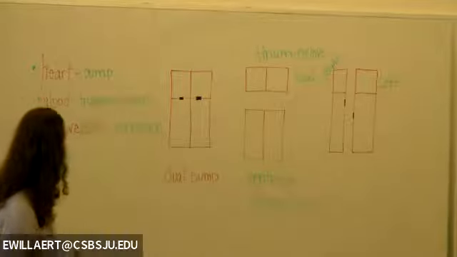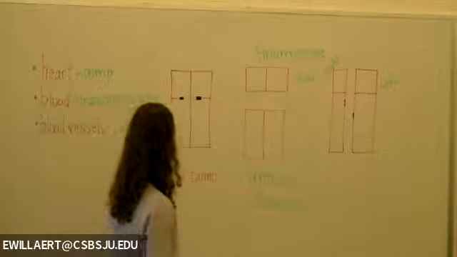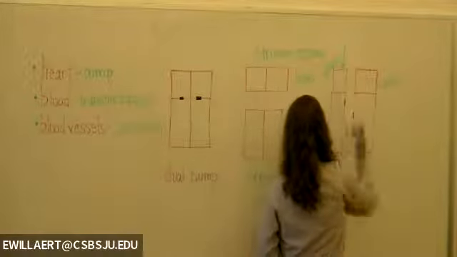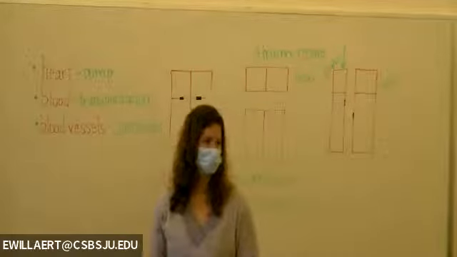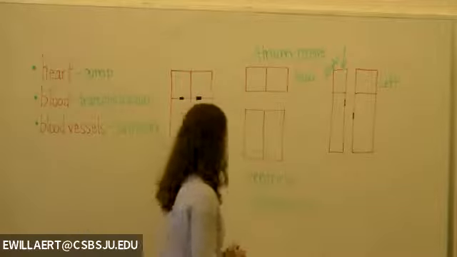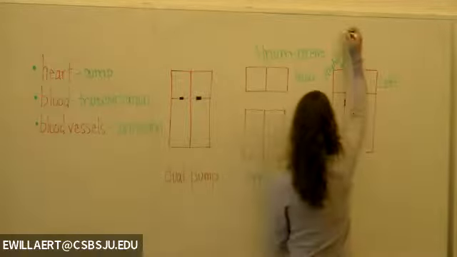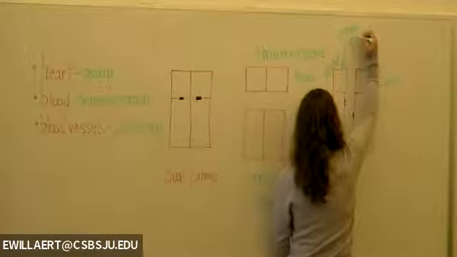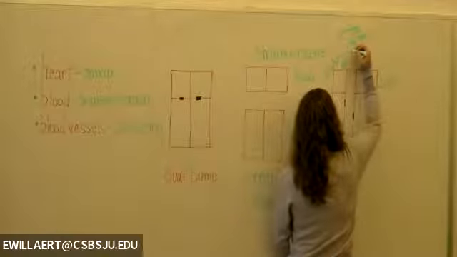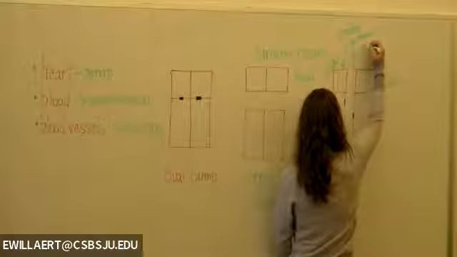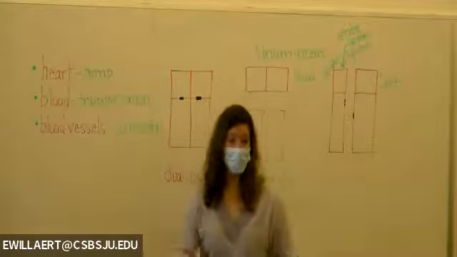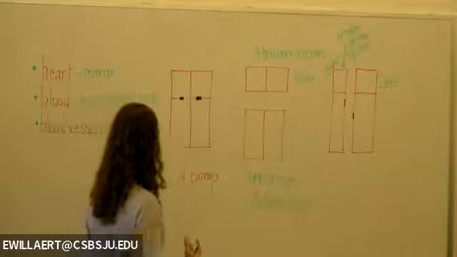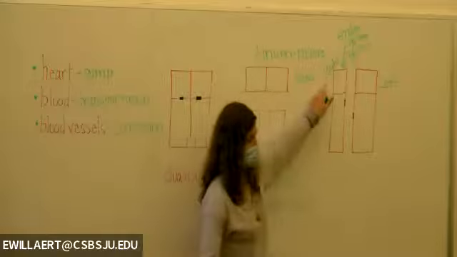Now, where does the right side of our heart receive blood from? Where is the blood coming from? Yeah, so this is receiving blood from our entire systemic system. So our head, our neck, our feet, our legs, our abdominals, everywhere within our body is going to enter into this right side.